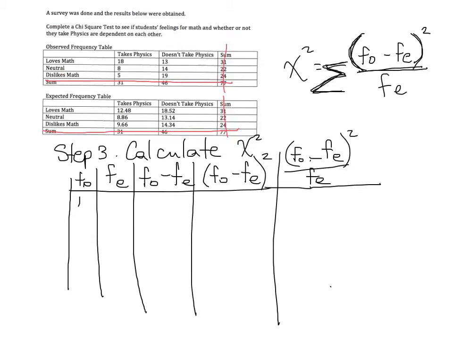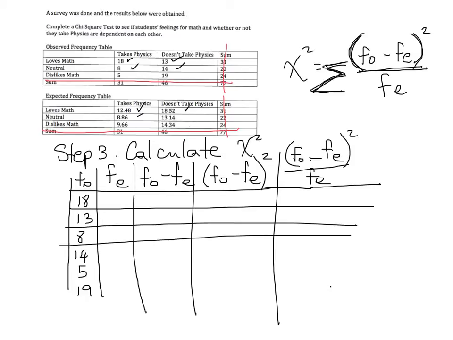So the 18 people, the 13. Now it doesn't matter what order I list these values as long as I am consistent. So because I chose to start right here and go over here, then over here, I have to do the same thing down here. I have to start here, go over here, and so on. All right, so now we have all our FO values listed. Let me line it up so we don't get confused.